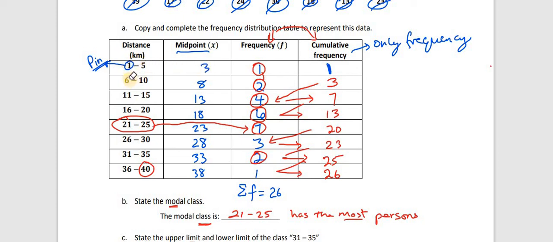The person who walked between 6 kilometers and 10 kilometers, we just choose 8 kilometers as the what? The average distance they traveled. So all of these are just the average distances. They basically represent the distances traveled by the students. The midpoint just represents each class. So we're not gonna use 1 to 5. We're just using 3 as a midpoint.